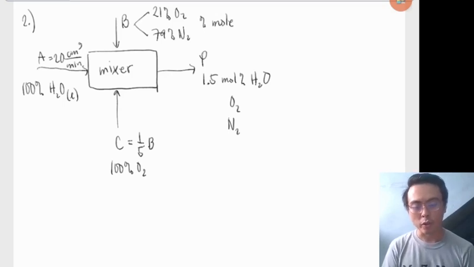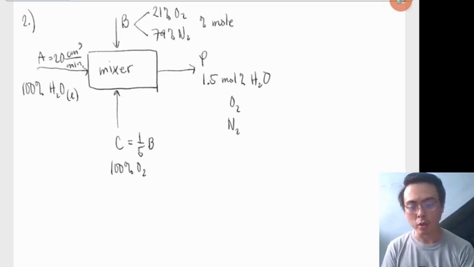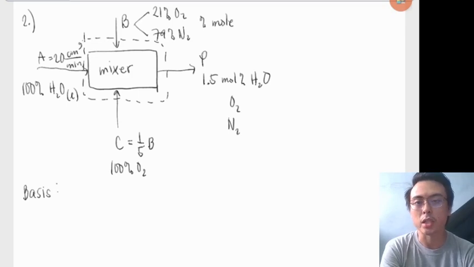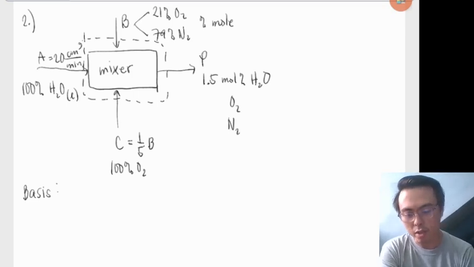Okay, so for the solution here, again, you define the system boundary. Since you only have one unit process, that is already your system boundary. Next, define your basis. We are only given one value here for the flow rate, and that is the flow rate of stream A. That's 20 cubic centimeters per minute. Therefore, a sensible basis for this would be 1 minute of operation.